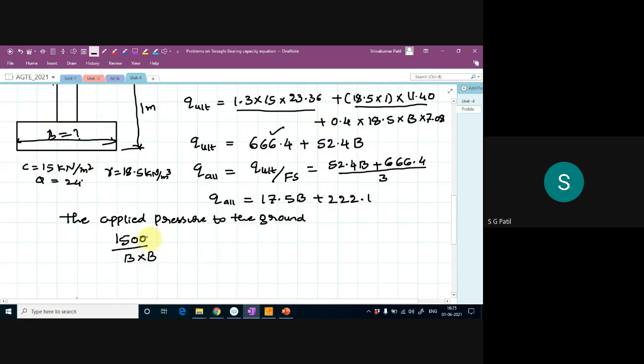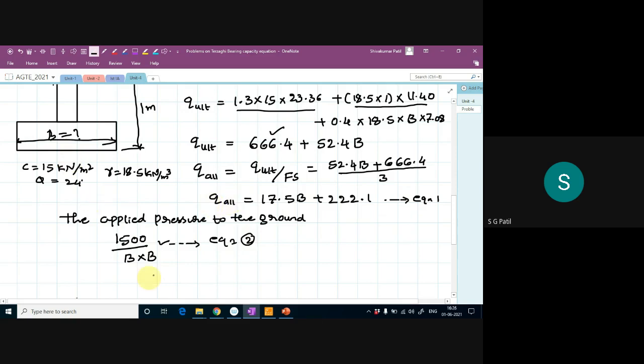Now, whatever this applied pressure is should be equal to this q allowable. So I will call this equation 1, and this equation 2. You equate both 1 and 2, because your q allowable is nothing but your applied pressure itself.